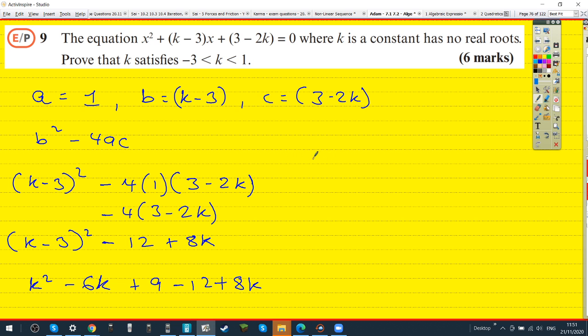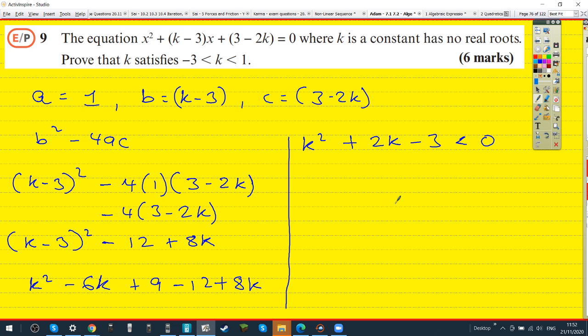Which simplifies down to k squared minus 6k minus 3 plus 8k. And then you can simplify that again. So it can be simplified down to k squared plus 2k minus 3, which is less than 0.